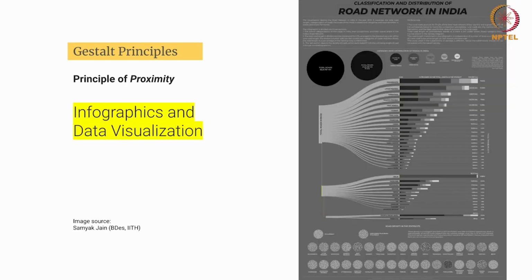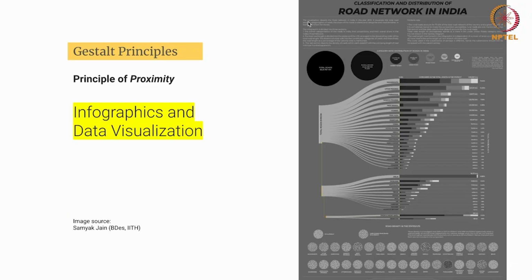Okay. Yes, so this is another example of how the idea of proximity is explored in the world of infographics and data visualization. This is done by one of the BDS students, Jane, of the Department of Design, IIT Hyderabad, and it shows the overall road network in India, the classification and distribution of the road network. You can see how proximity plays an important role in terms of information.